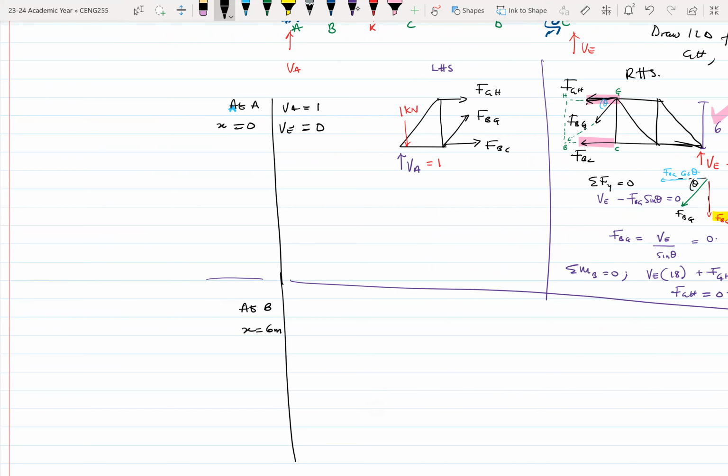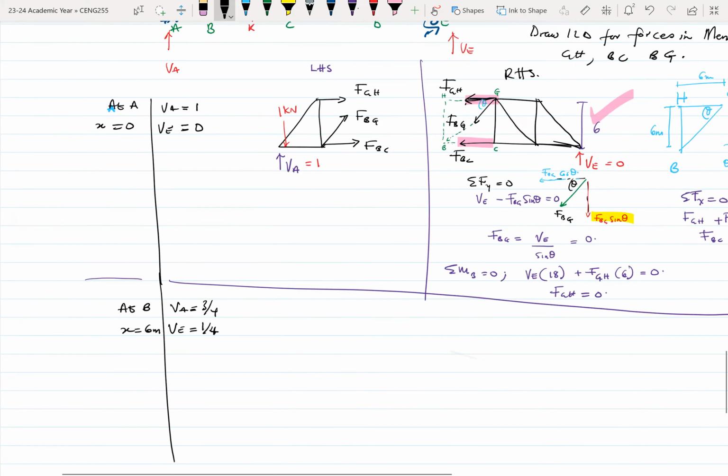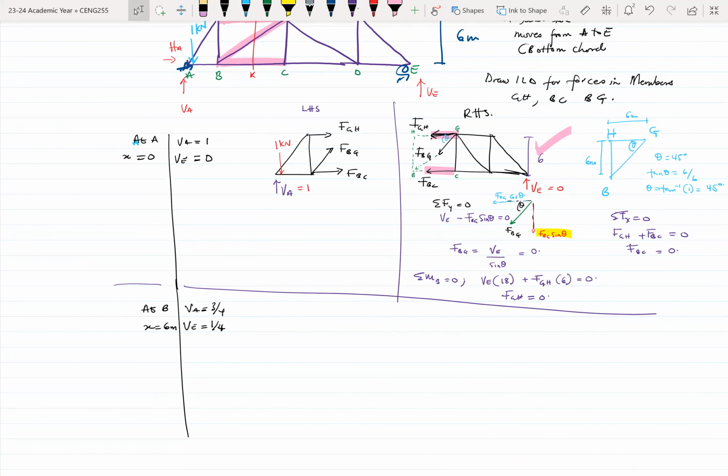And now we mentioned that VA is 3/4, and then VE is 1/4. We found that already. So to make things easier for me, I'm just going to copy everything I have from before. I think I have overcopied. I'll delete a few items.